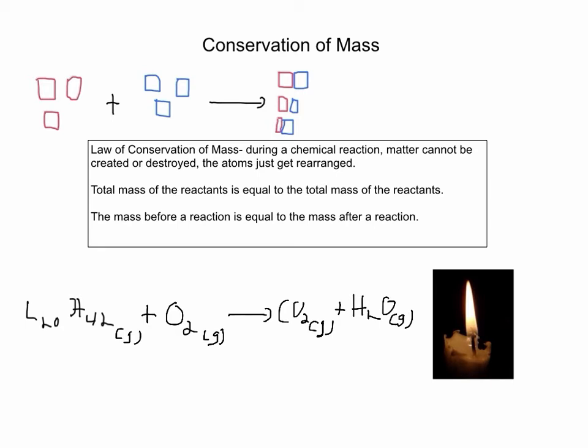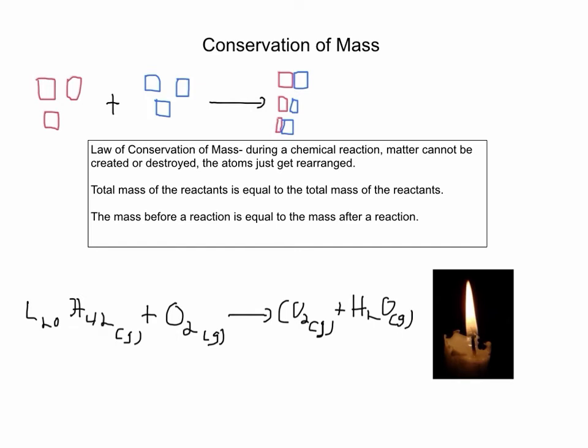If you were to find the mass of the amount of wax that burned, of the amount of oxygen it combined with, and added that up, and then you were able to capture all the carbon dioxide gas and water vapor that was given off during the reaction, you would see that the total product mass would be equal to the mass of the reactants. All the mass that was there before has to be accounted for.